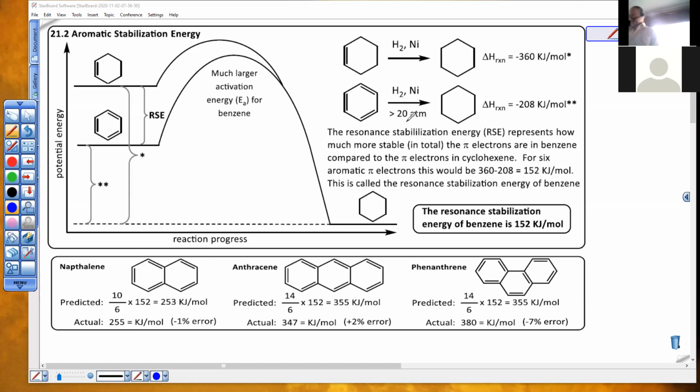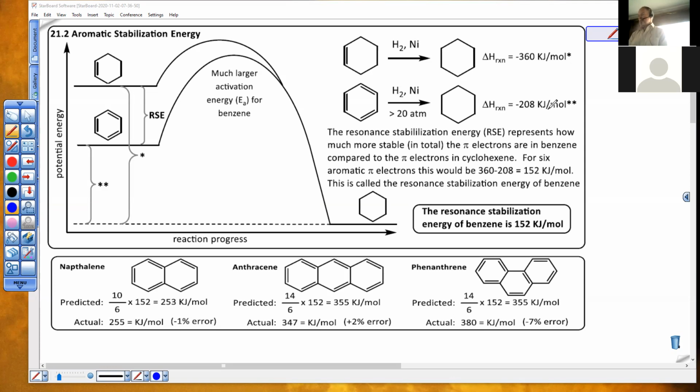And this experiment, this is how the majority of cyclohexane is made for lab use from benzene. Benzene is pretty much a waste product from the petroleum industry. We can get it for pretty cheap. And you only get negative 208 kilojoules per mole.